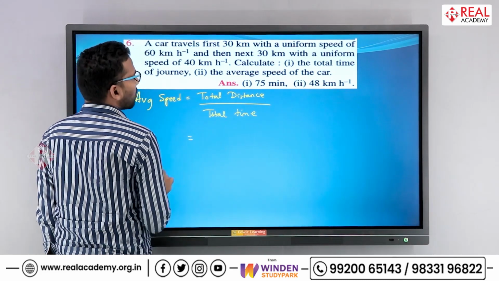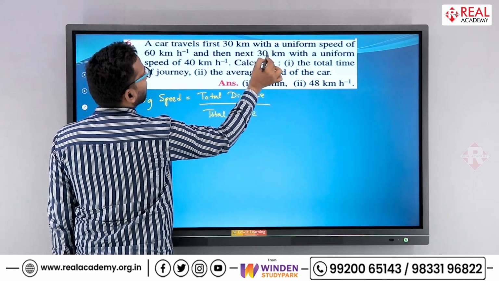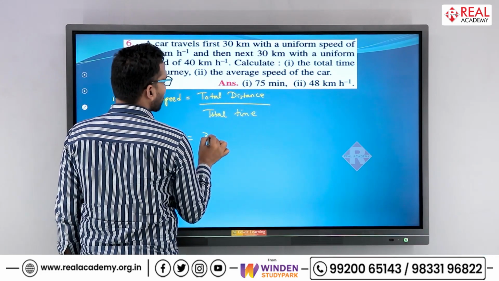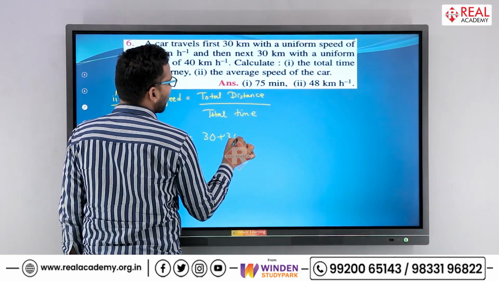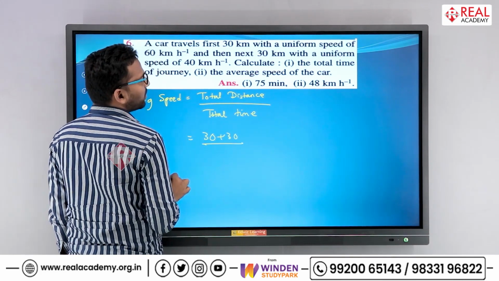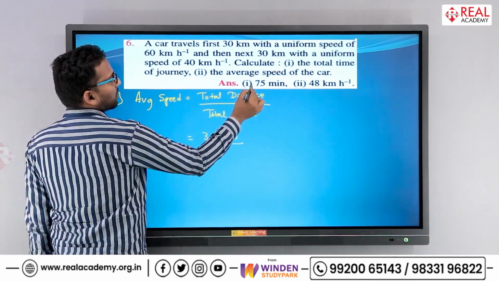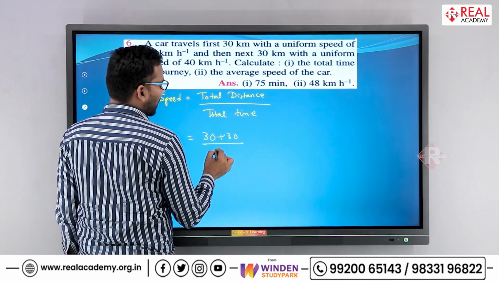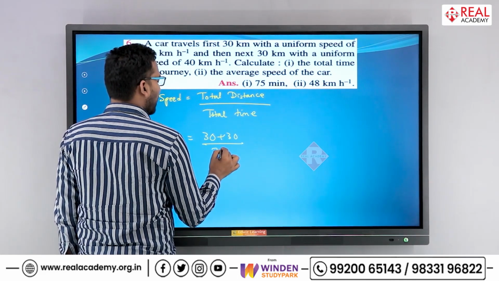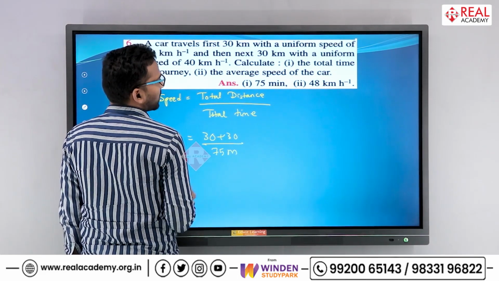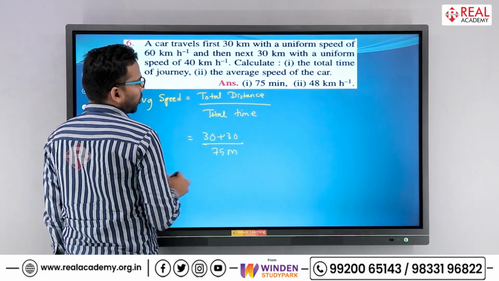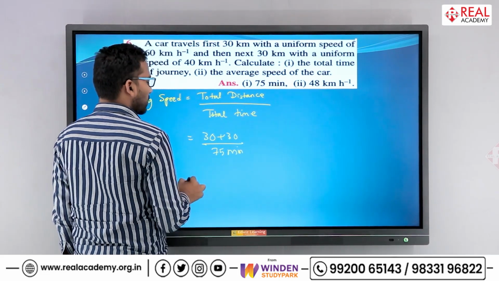Total distance is how much? 30 kilometer plus 30 kilometer, so let us write 30 plus 30 only. And total time just now we have calculated, that is 75 minutes.